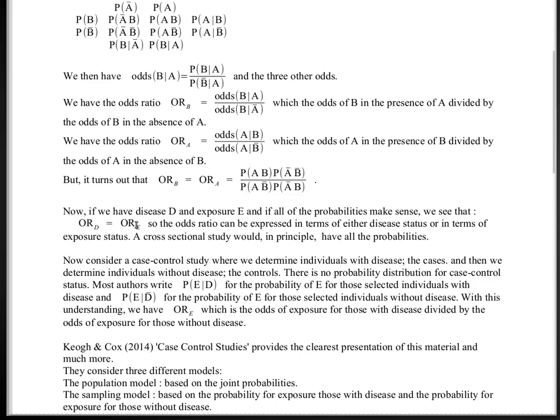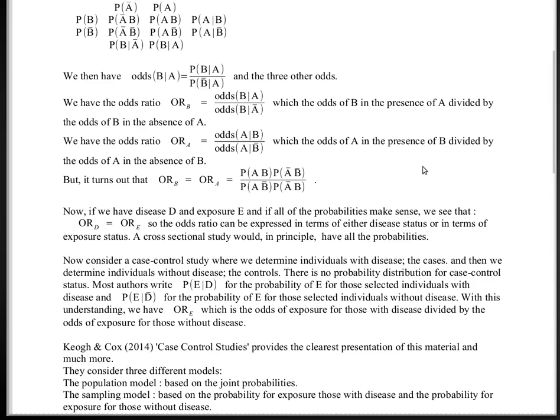Whereas this number, ORE, is the odds of exposure for those with disease divided by the odds of exposure for those without disease. They're the same if, in fact, we can think of the joint probabilities here. A cross-sectional study might be an example in which we have all four. Okay?